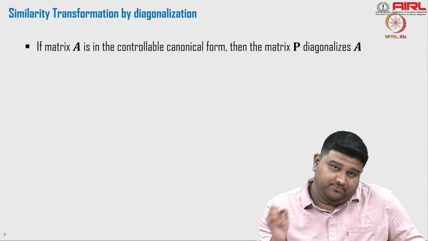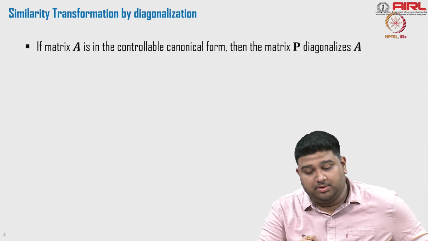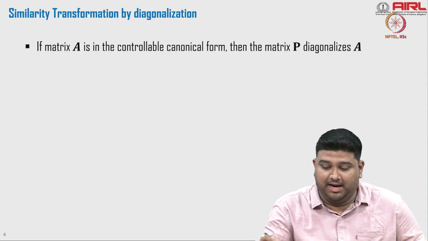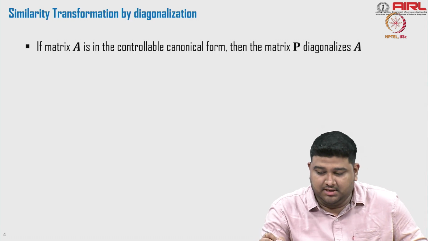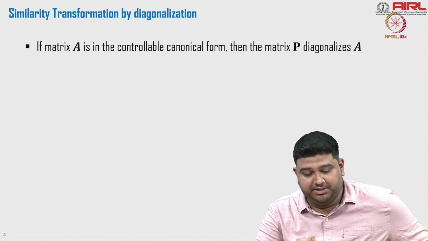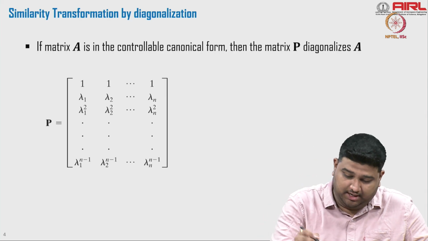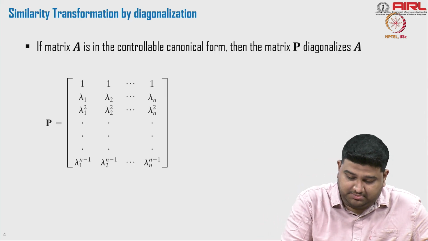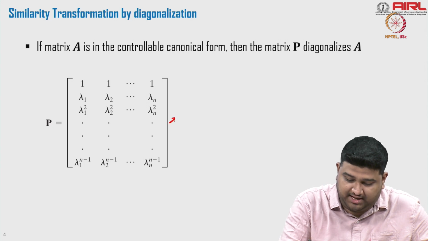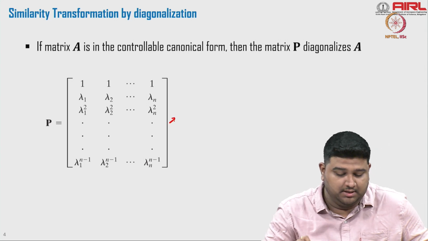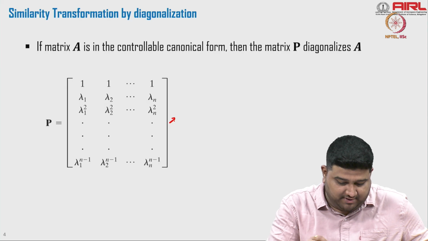And now if the state matrix A is in the controllable canonical form, then the matrix P, which is our transformation, diagonalizes A. So what does that mean? It means if we consider a matrix P like this, and note, a very important note, this matrix P will only work if A is in the controllable canonical form and these lambdas are the eigenvalues.